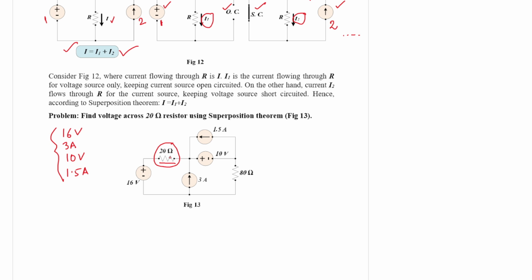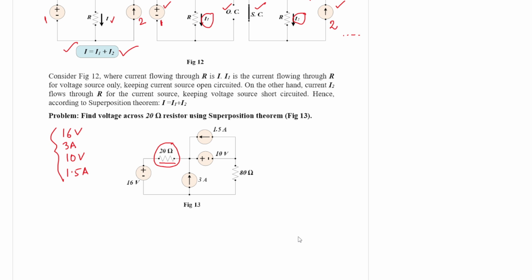So we have four sources. According to the superposition theorem, you need to consider one energy source at a time. You must keep other sources deactivated. So let us try to understand how we can utilize one source at a time.